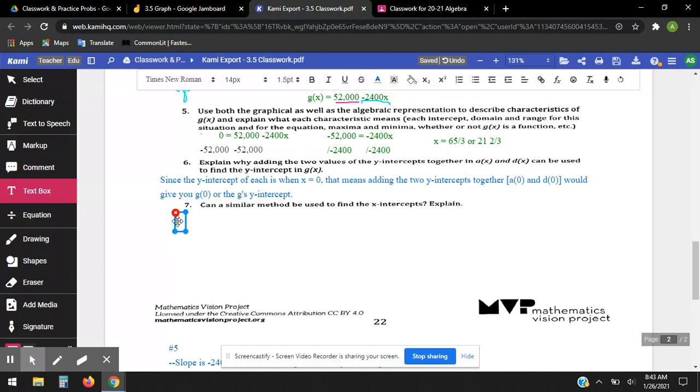So can a similar method be used to find the x-intercepts? Unfortunately, no. Since the two inputs of each are different, it doesn't work the same.